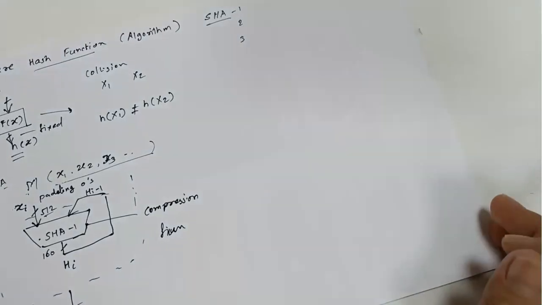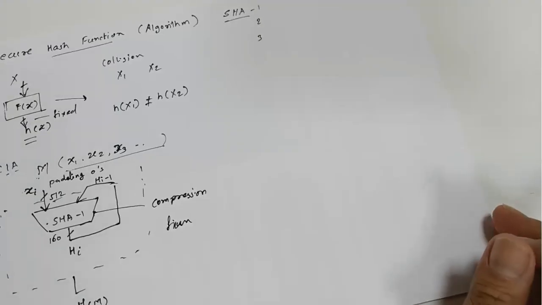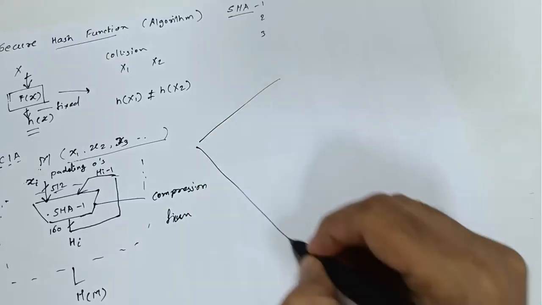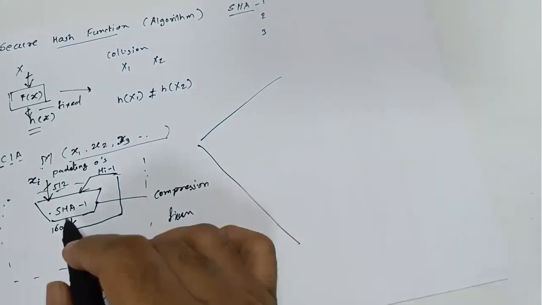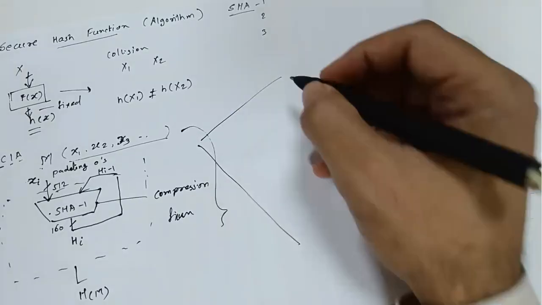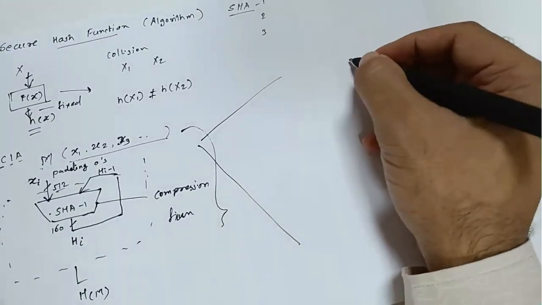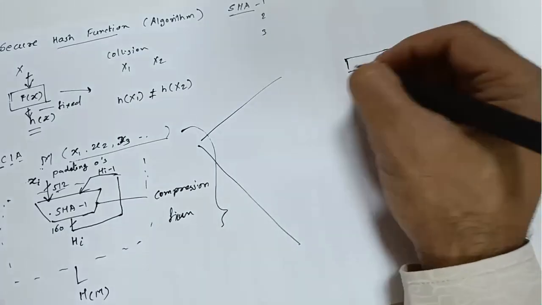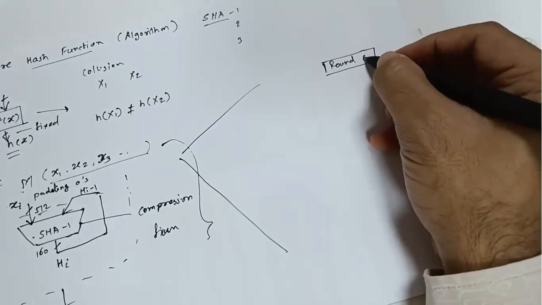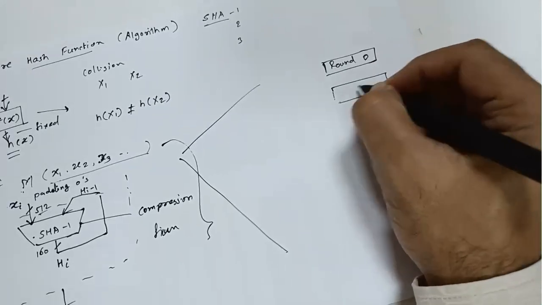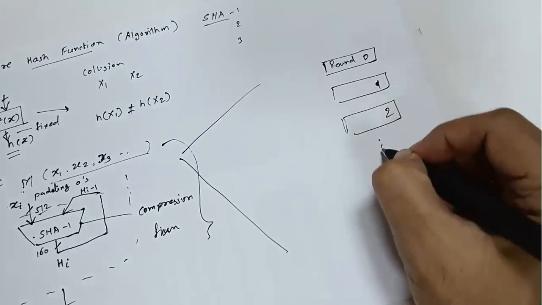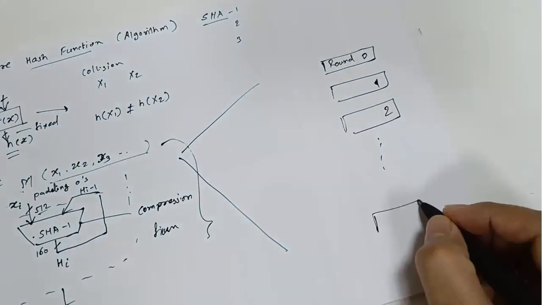Now, if you remember the Feistel function structure, I'll give you a detailed idea of what happens in SHA. There are rounds: round zero, round one, round two, and so on till round n.